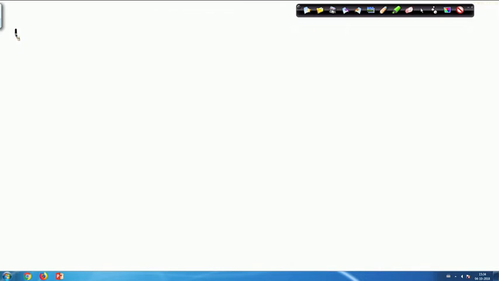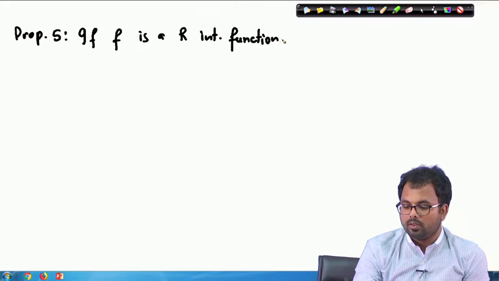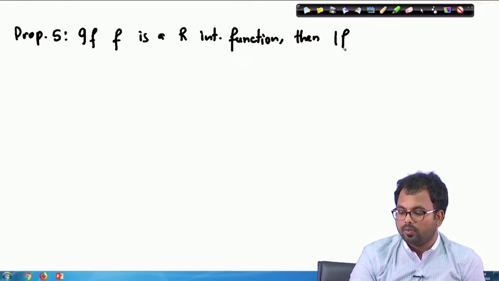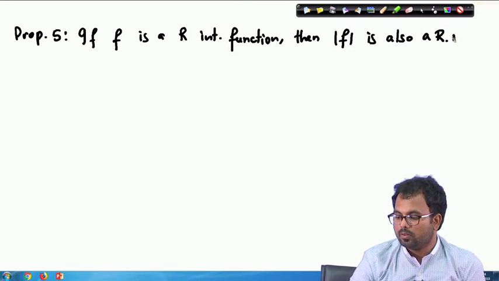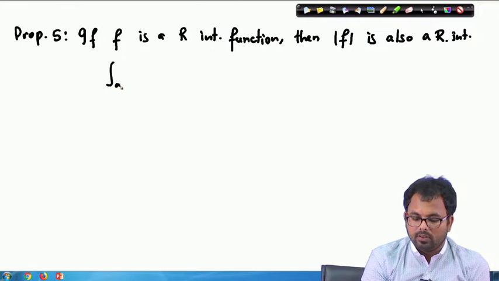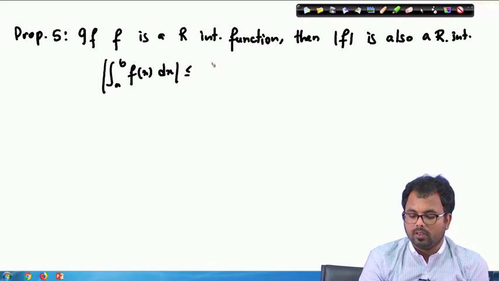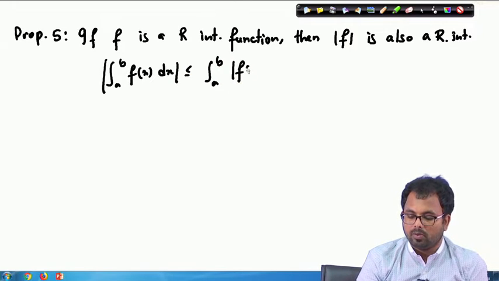As I was mentioning about the properties, property 5 of Riemann integrability is: if f is a Riemann integrable function, then mod of f is also a Riemann integrable function, and we have the absolute value of the integral from a to b of f(x) dx is less than or equal to the integral from a to b of mod of f(x) dx.